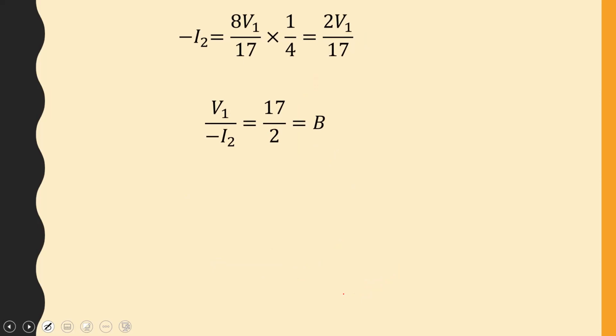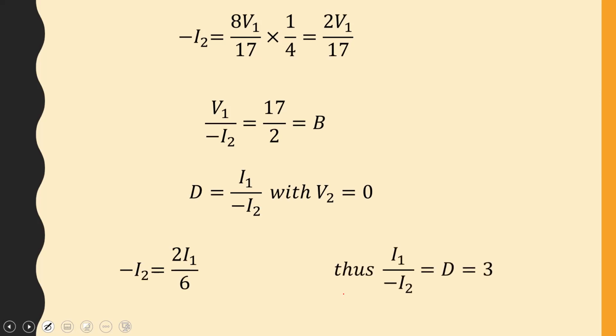And then lastly, we find D, which is I1 over I2, with V2 equals 0. So again, I short circuit the port with the 4 ohm. I then have the 2 and the 4 in parallel, so we'll have current division between 2 and 4.